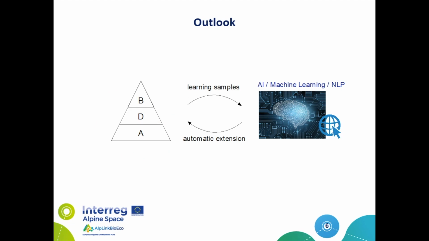And based on these learning samples, we would also go on the internet and other places where we can find publicly available data about enterprises, and then hope by using these tools also from natural language processing on text, for example, the text that is available on the website, to automatically identify actors, descriptors, and biolinks, and insert them back into the system, that is, to automatically extend our knowledge base.